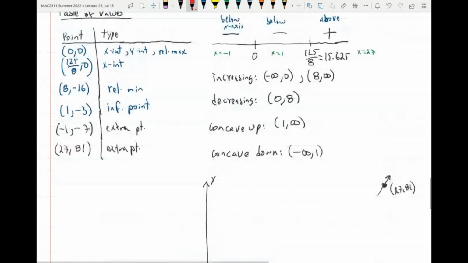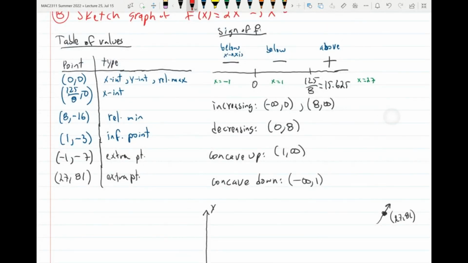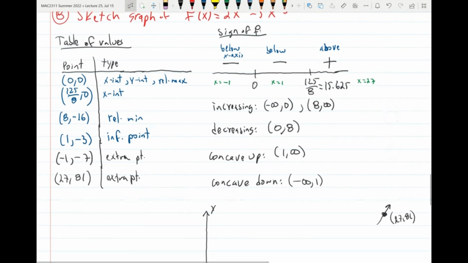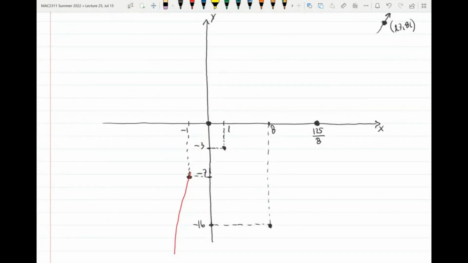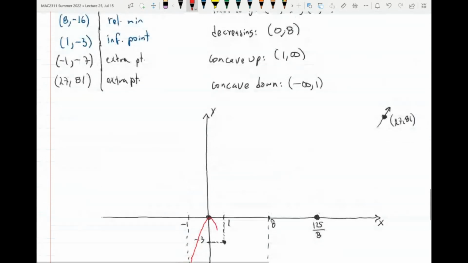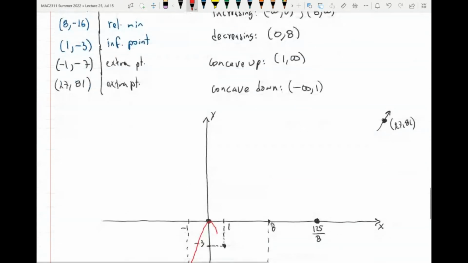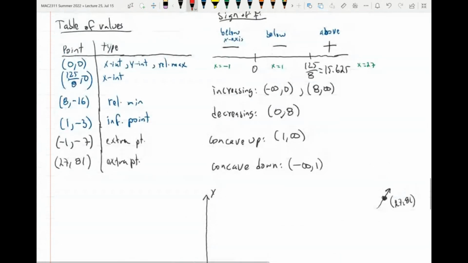Then we know that we have to touch 0 because that's an x-intercept, but then it's also a relative maximum, and we need to come back down because we're still negative, and we need to create a maximum. So let me create a maximum there. Okay, something like this.